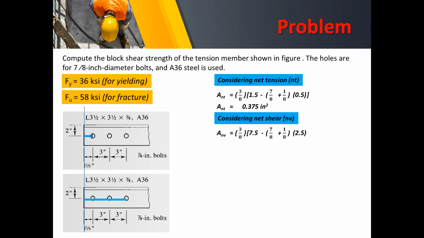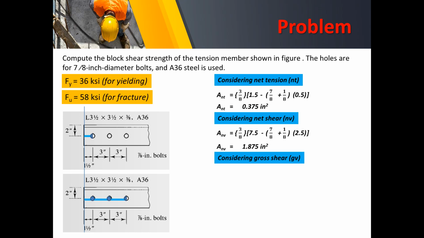So there are 2.5 bolts included in this configuration. This is the half of that bolt we are talking about, and these are the 2 bolts. So 2 plus 0.5, that is 2.5. Then from that, you can now compute the net shear area to be equal to 1.875 square inches.